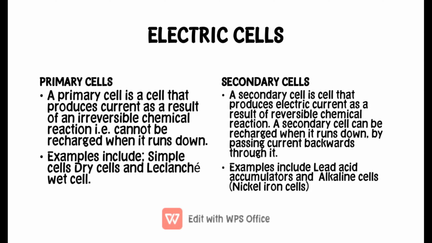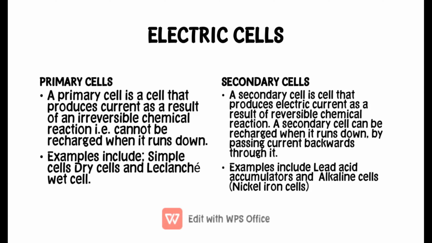Okay. So if someone says a primary cell, then it is that cell which produces current as a result of an irreversible chemical reaction. It means that if the reaction has taken place, it can't be reversed back.